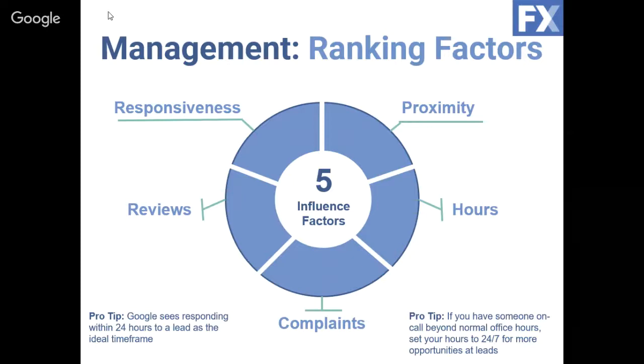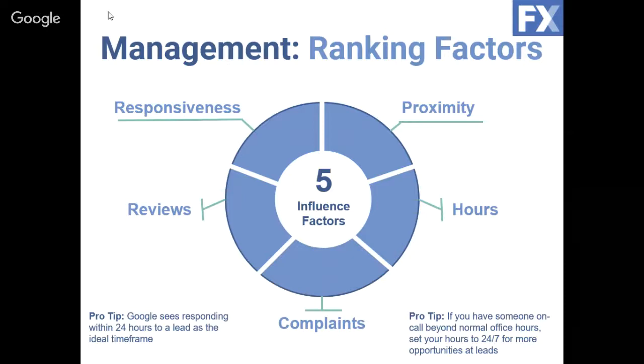And so if you work in San Francisco as a plumber, but also serve San Jose, if you have the San Jose zip codes in there, you will show up in the local service ads. So proximity is an influencer, but it's not a make or break thing when it comes to showing up.